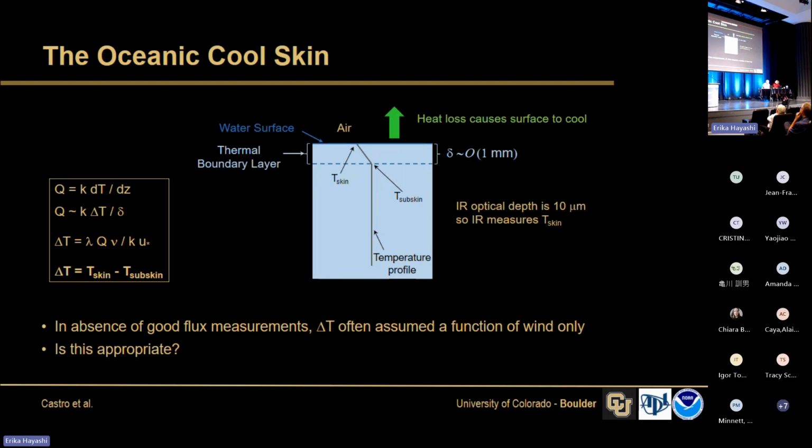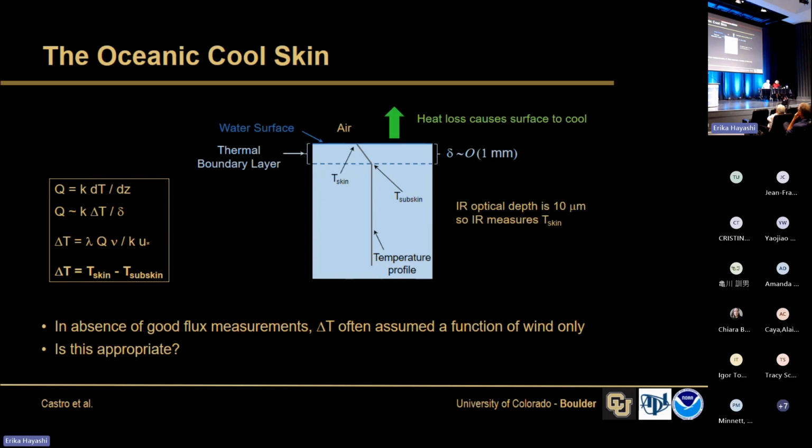So here we have an illustration of a nighttime SST profile, the temperature profile at the surface of the ocean. And under normal conditions, when you get heat loss out of the ocean, you see this cooling of about 0.2 of a degree across a really thin layer, about 1 millimeter thick, at the ocean interface.